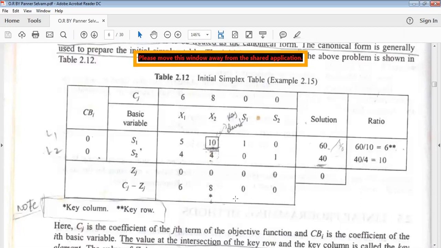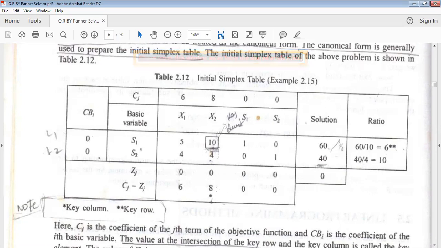Automatically 0. Because this is a maximization problem, the maximum positive value is 8. This is what we call the entering column. In the entering column, these are the variables, 10 and 4.